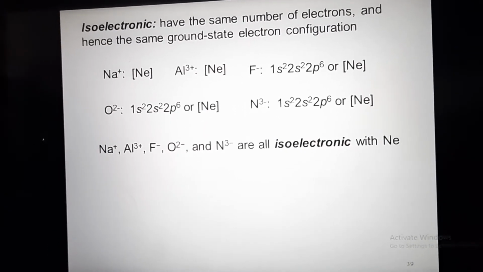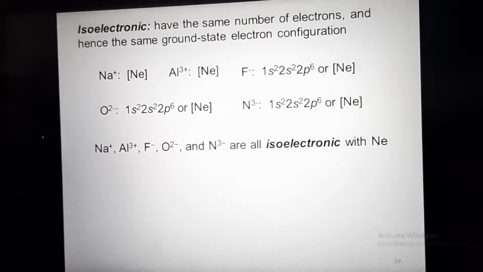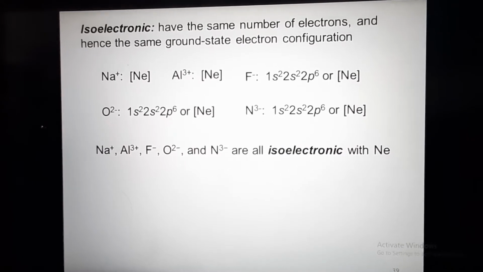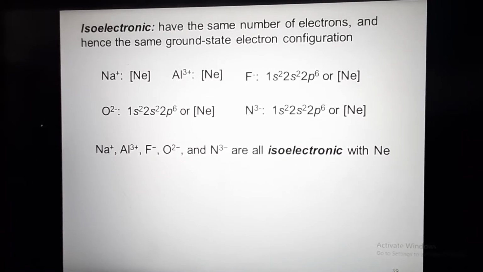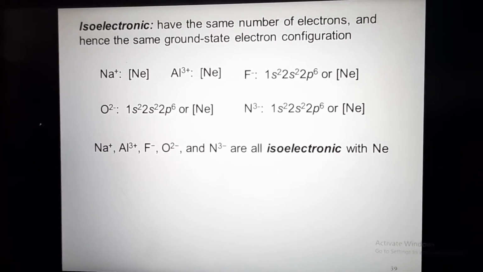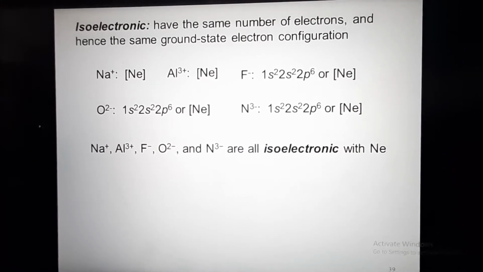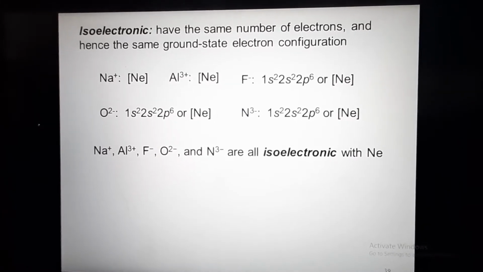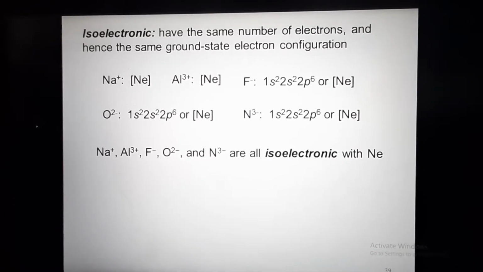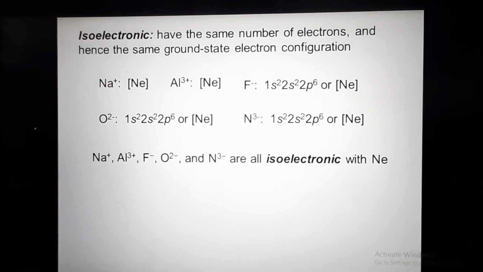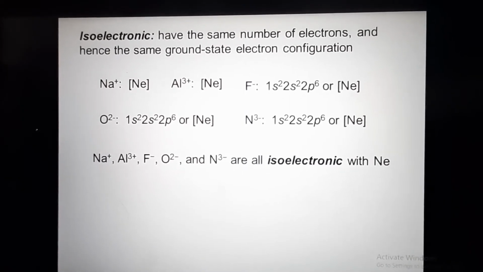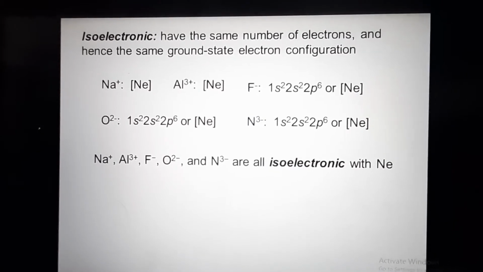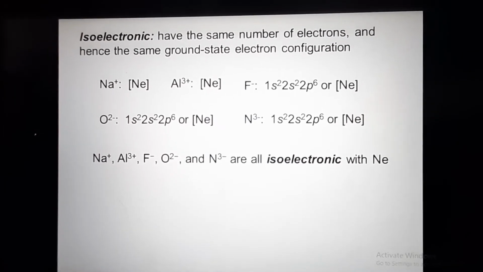So it would all look just like neon, both actually with the configuration of the electrons in the energy levels, but also when we write it out, they will all end up looking like 1s2, 2s2, 2p6, which is the configuration for neon. Notice that the positives are in the row below neon and the negatives are in the row with neon.